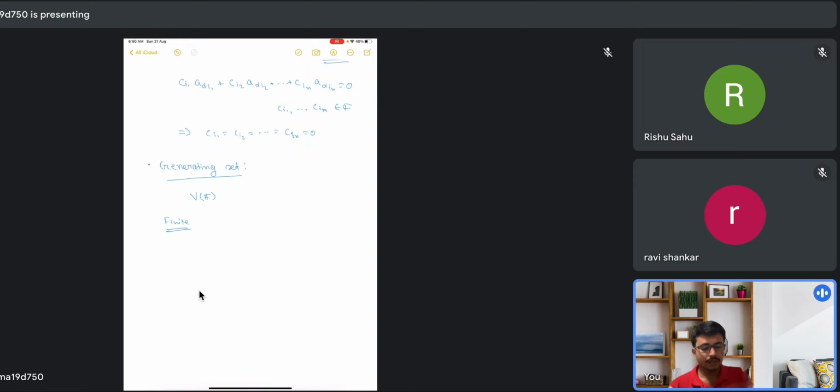You have one vector space V over a field F, and you have this collection a1, a2 up to an. When will we say that this is a generating set of V?